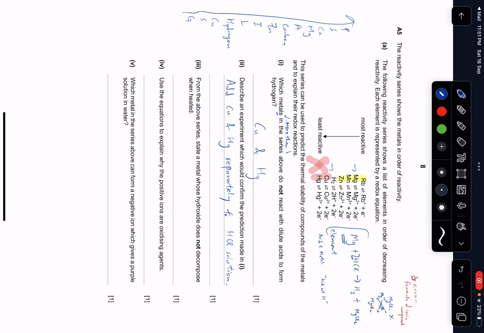If it reacts, it produces a gas and I will see bubbles. So it doesn't react, so you say that no effervescence observed. And when there is no effervescence observed, it means your prediction is true, and it is true.